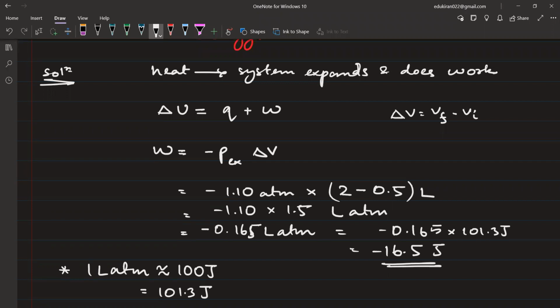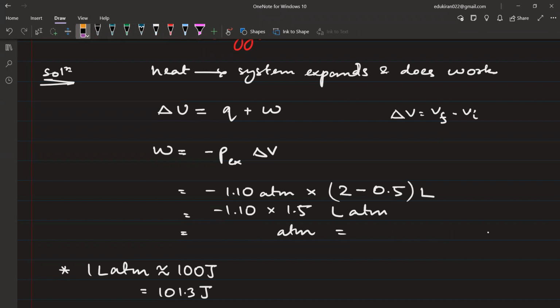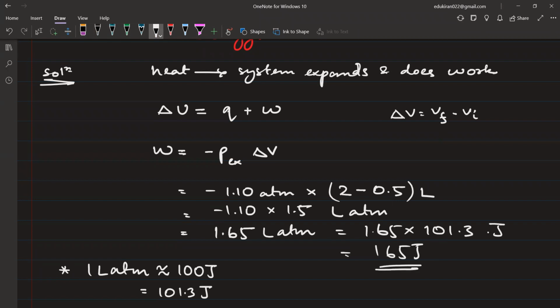I've just multiplied by 100, not 101.3. Did I make another mistake? Okay. This is 1.65. My bad, guys. 1.65 liter ATM. This will be 1.65 into 101.3. अब ये joules हो जाएगा. This will be equal to 165 joules.